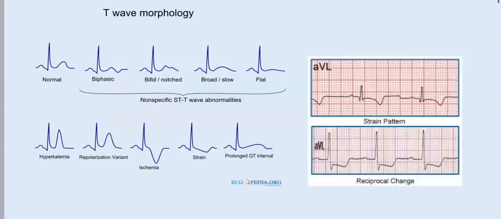Now, if we look at the T-wave morphology, as I said at the beginning, the T-wave in particular lacks specificity in ischemia, not like ST segment depression or elevation. The T-wave is so misleading because it can encompass so many masqueraders, like here, for example, non-specific ST-T changes, biphasic, a notched one, broad-based, flat, and stuff like that.